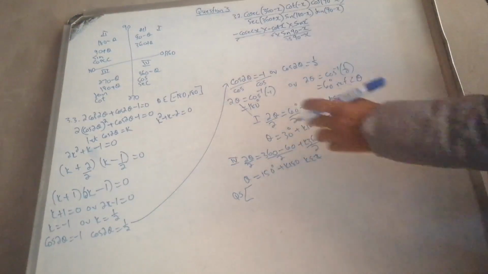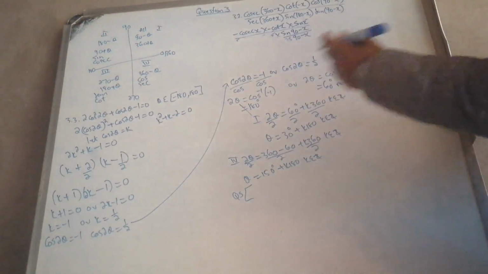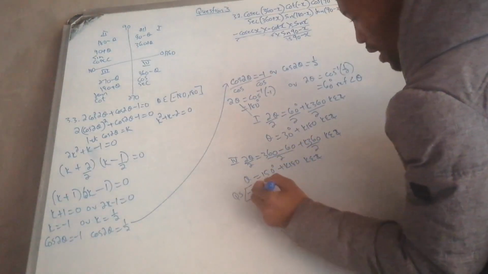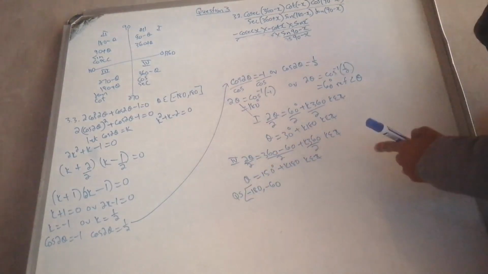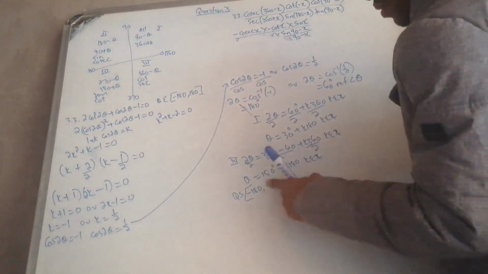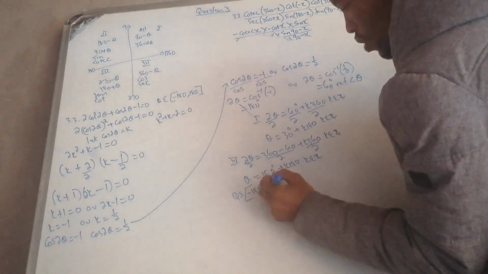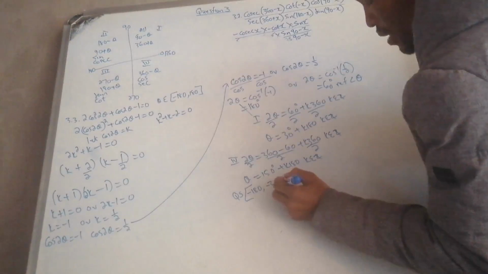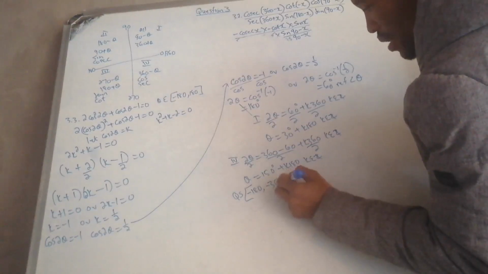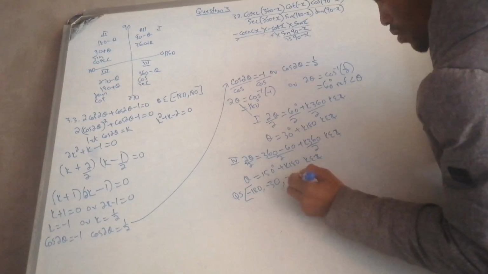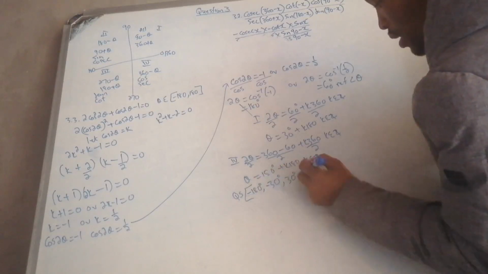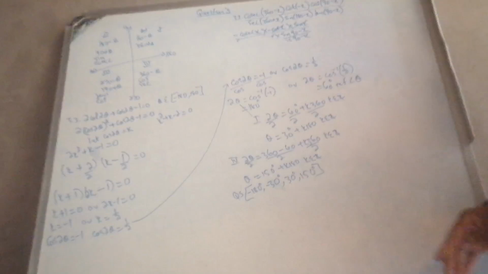So if we start with a negative, I know that negative 180 is smaller than negative 30. So I'm writing this in ascending order, and I would take my 30 and my 150. These would be the quadrant solutions.